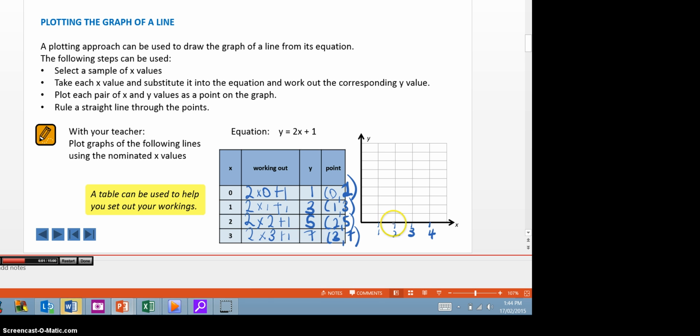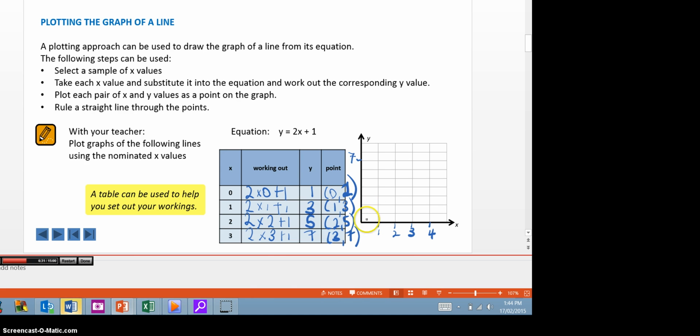So this is worth 1 unit from here to here and here to here, and that must remain consistent the whole way along, so you can't change it halfway through. On our y-axis, we've got from 1 to 7. So if it's a little bit tight there, you can just put in every second one, or every one if you've got the space. So let's plot the points.